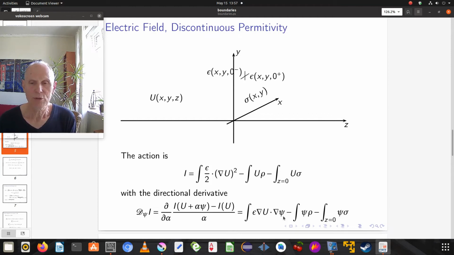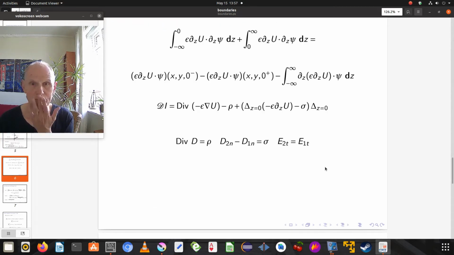We need to apply partial integration to this part. So we split it. It's only the z integration that's interesting. The others are easy. So we split it up from minus infinity to naught and naught to infinity. And take the one from minus infinity vanishes, from naught from the negative side and the positive side.